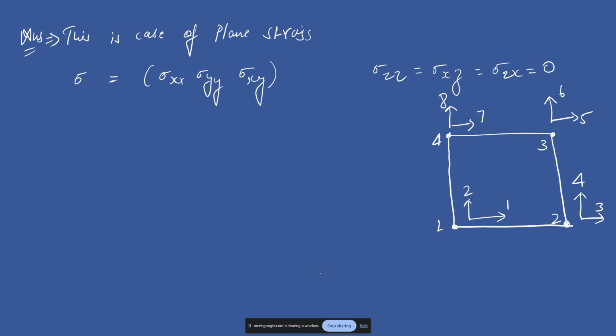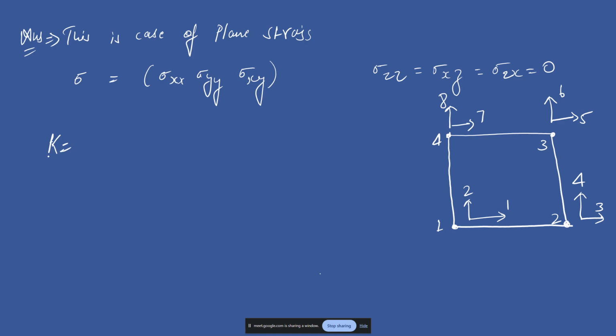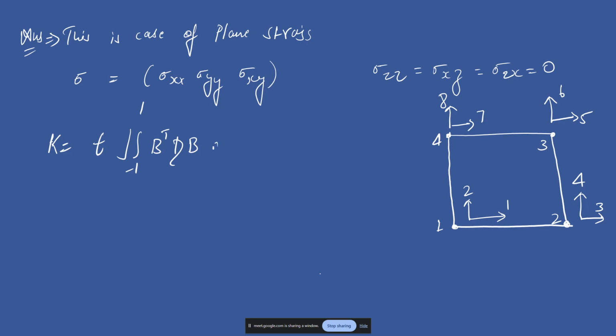So your final stiffness matrix which is available with you is given by k equals t times the double integral from -1 to 1 of B transpose D B dy dx, right?